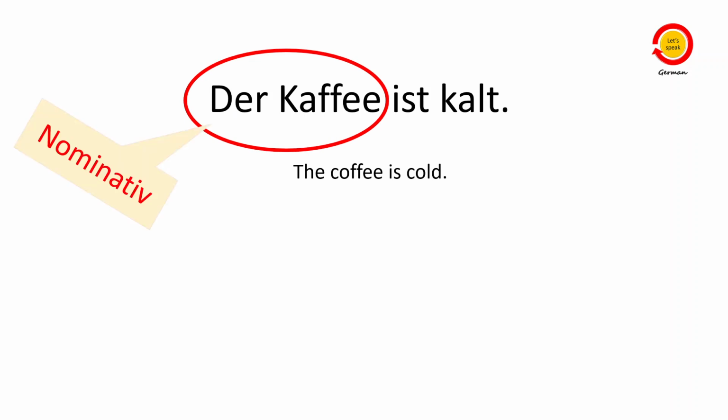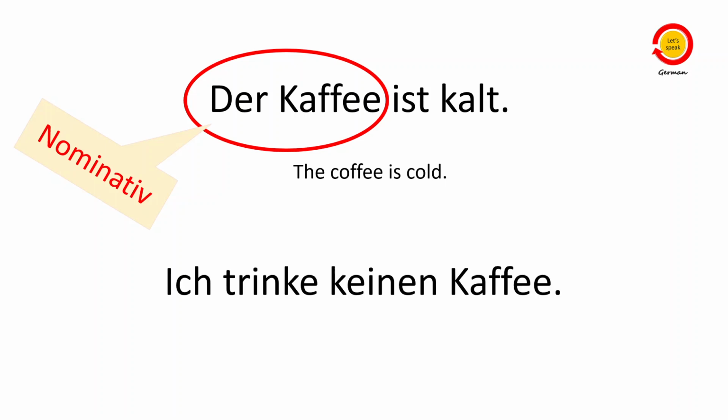Now in the sentence, ich trinke keinen Kaffee. I don't drink coffee. Keinen is used for negating nouns in a sentence. We shall learn more about the articles in the next video. Who doesn't drink coffee?